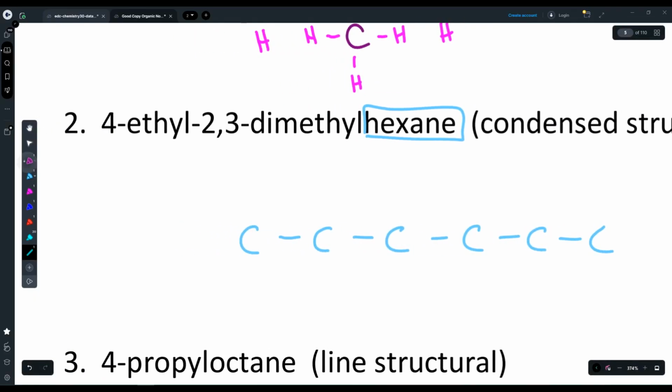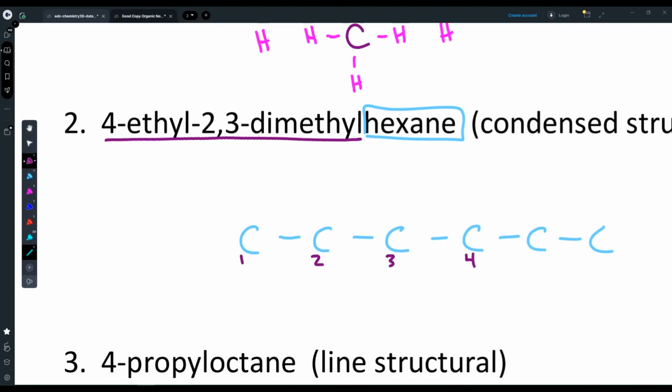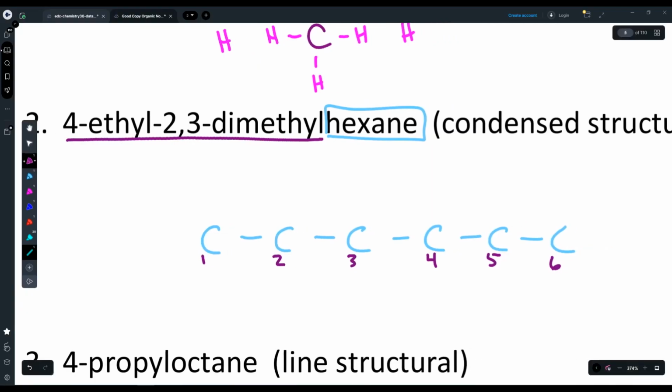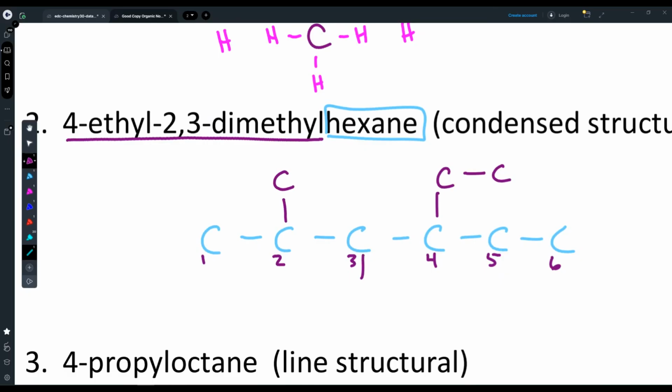Let's deal with the branches. We have 4-ethyl 2,3-dimethyl. So 4-ethyl would mean we have a carbon here, and I have to move this to the side just so that everything fits. And then 2,3-dimethyl, so 2 and then 3.